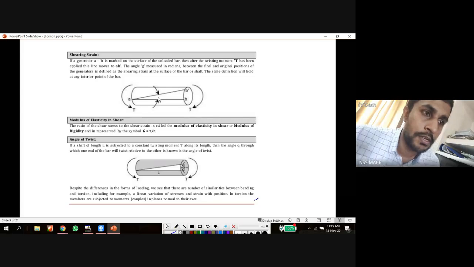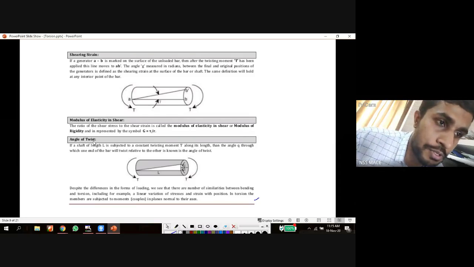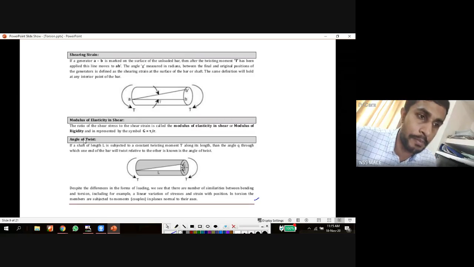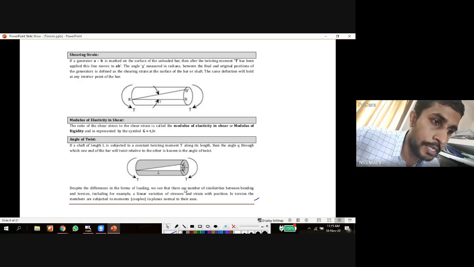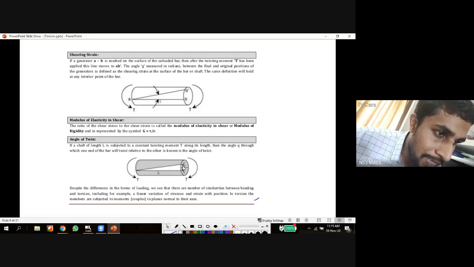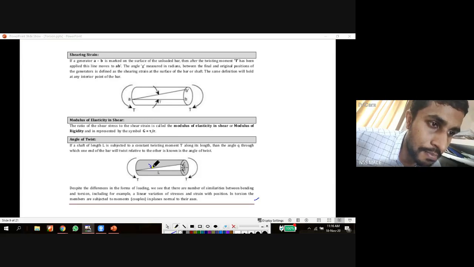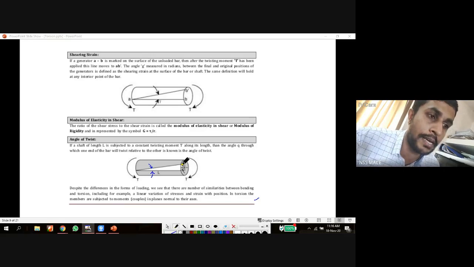Another one is angular twist. Angular twist is also another measure of deformation. When this body is subjected to torsion, it is twisted by an angle. If we measure the angle in the cross section, that is the angle of twist: how much one point is twisted with respect to another, with respect to the center of the cross section.